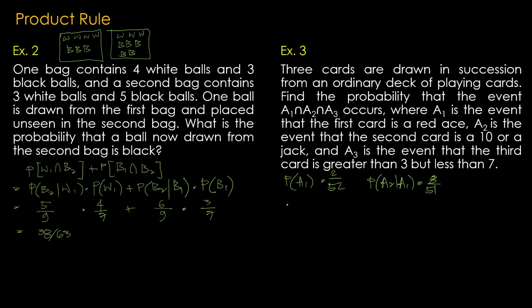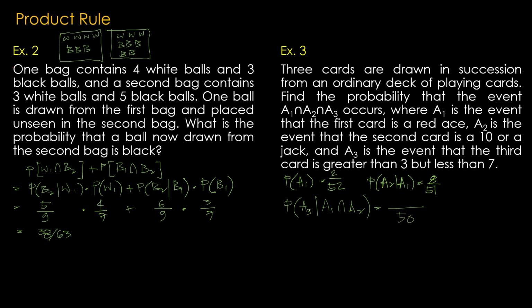Next, if we are to find the probability of getting the third card, A3, given that you've already drawn 2 cards, so the intersection of A1 and A2, meaning you've removed 2 cards from your first draw, the total number of cards will be lessened to 50.